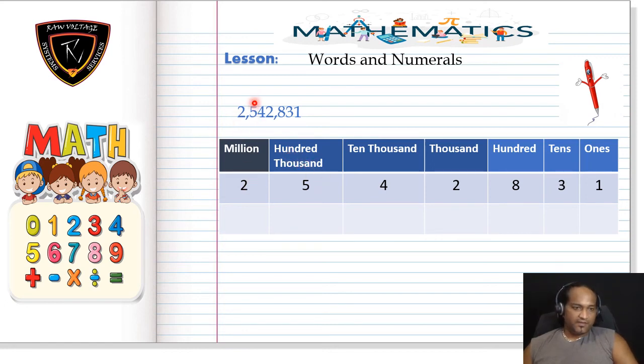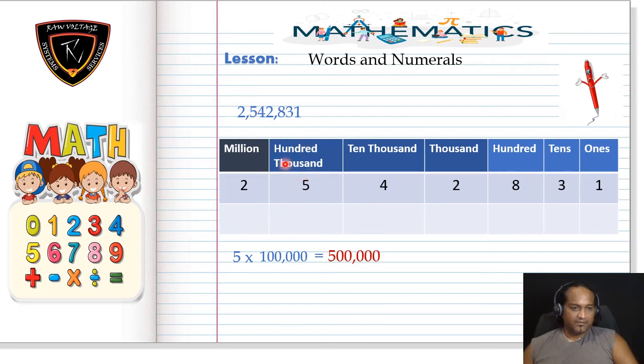So if I'm asked, for example, what is the value of the 5? Well, the value of the 5 here is 500,000. But how do we actually get the 500,000? The value of the 5 will be the 5 multiplied by 100,000. And when we multiply them, we get 500,000. So that's how we get the 500,000.